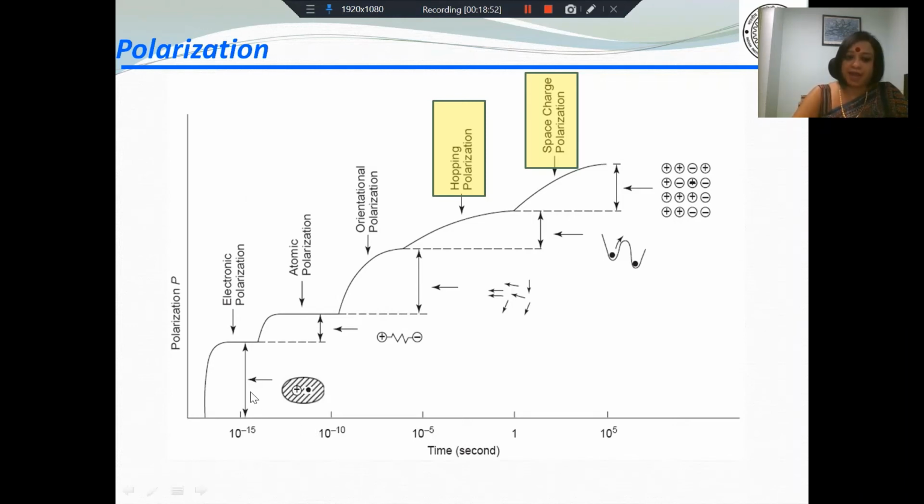If I apply a high frequency voltage, I'm no longer talking about DC energization. I'm talking about energizing the dielectric material with a very high frequency supply. In that case, only the fast processes will be able to be completed, and therefore the polarization that you measure will only be due to the instantaneous processes.